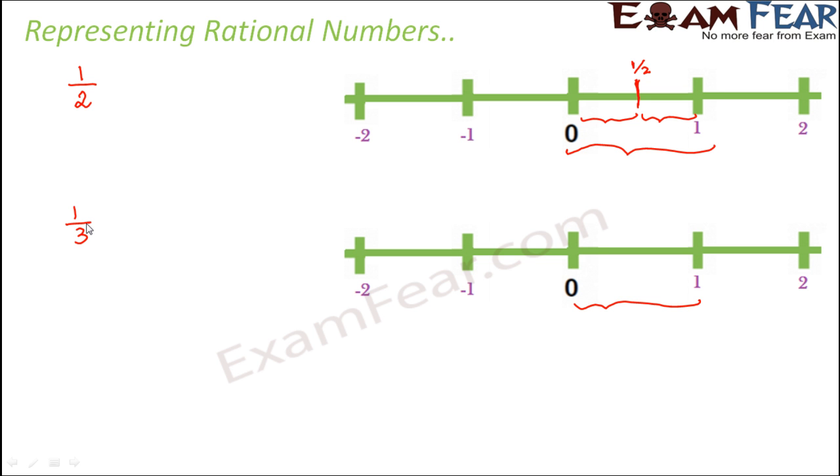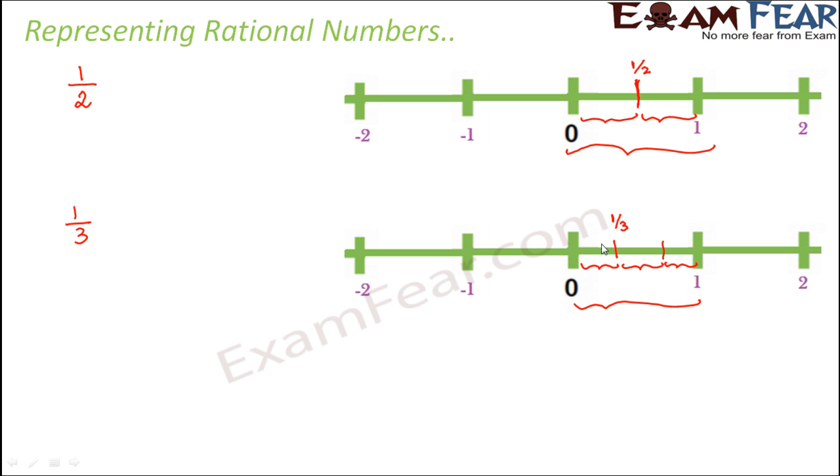So the denominator is 3. Therefore we will divide this region into 3 equal parts. 1 part, 2 part, and 3 part. So this 1 by 3 is 1 part out of 3 parts. So this point is 1 by 3.